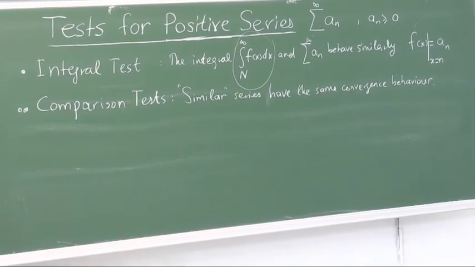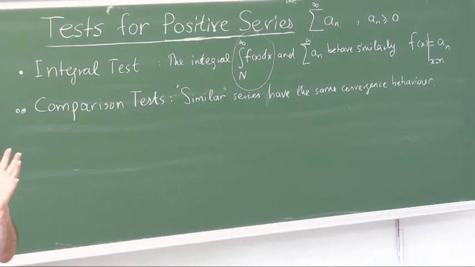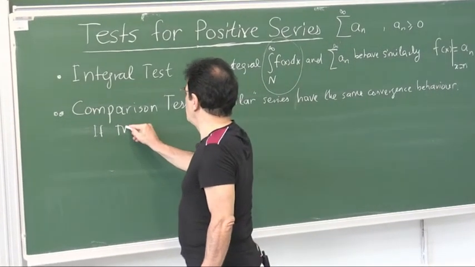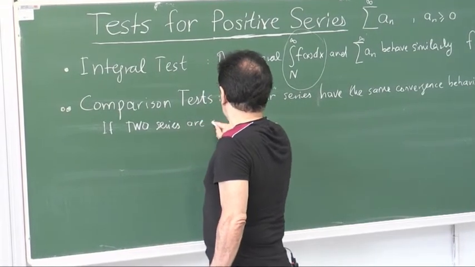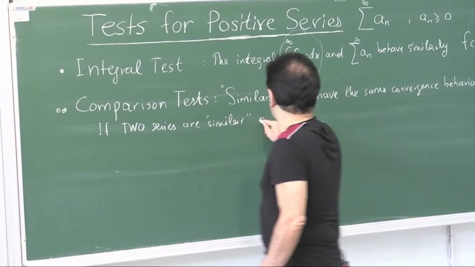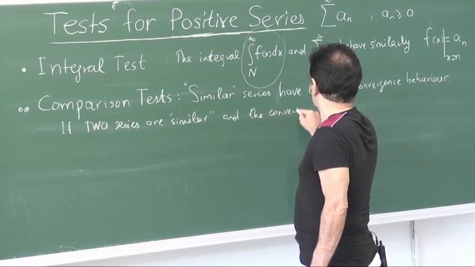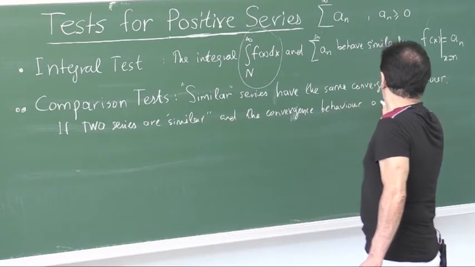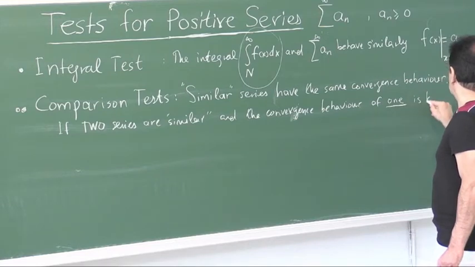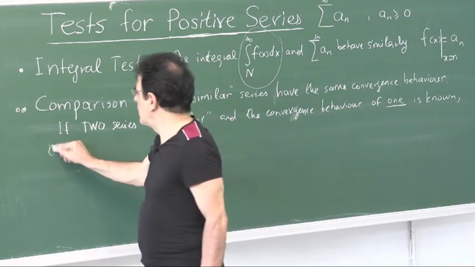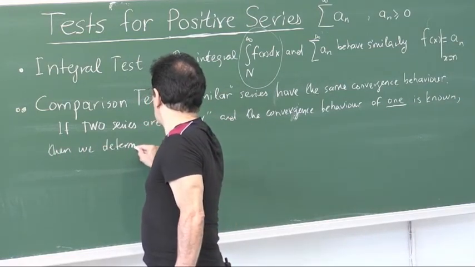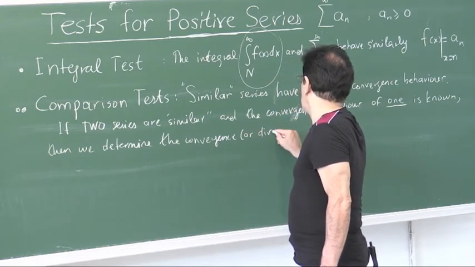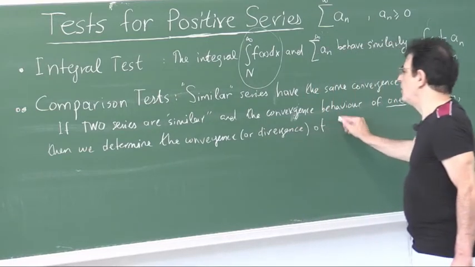To be more specific, if two series are similar and the convergence behavior of one is known, then we determine the convergence, or divergence, of the second one.